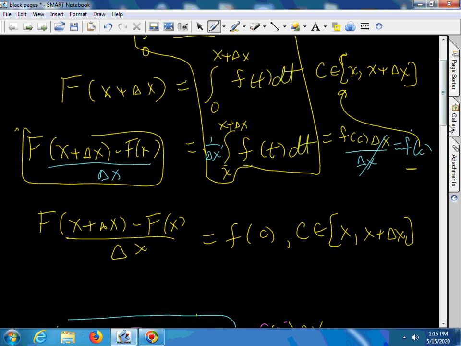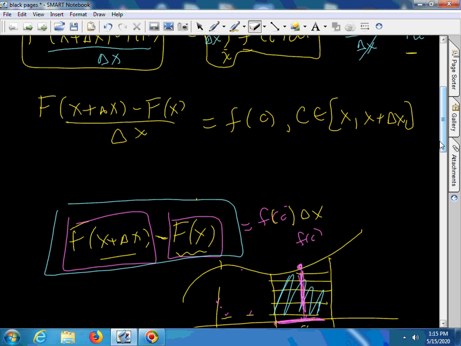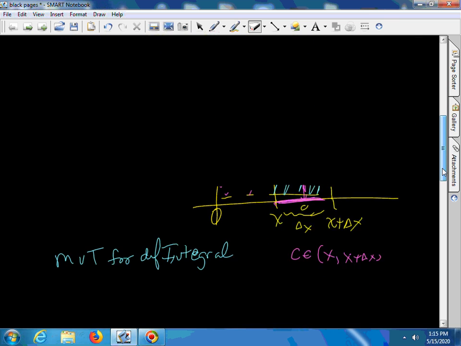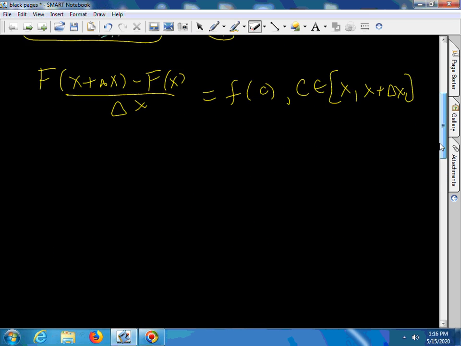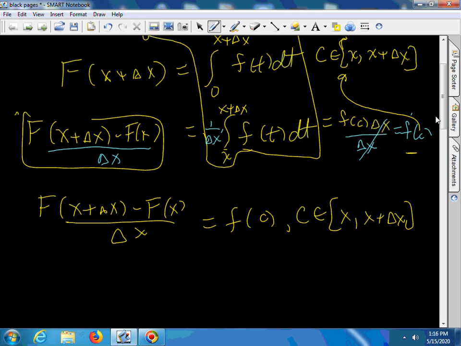Now we're going to take the limit as delta x goes to 0. On the other side, we have to do the same. And on the left side, we get big F prime of x.